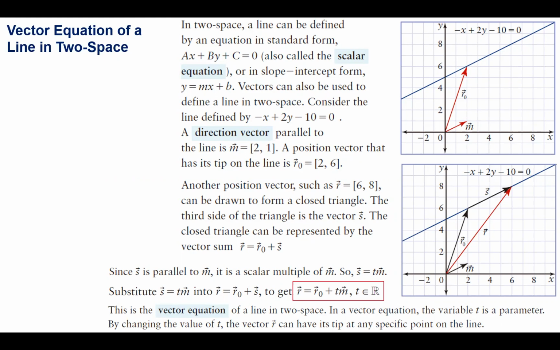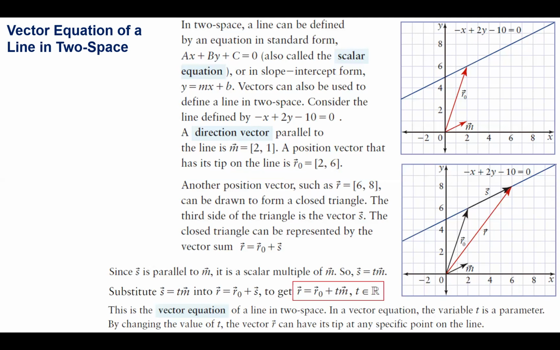So as we have learned vectors in previous chapter, note that vectors can also be used to define a line in 2 space. So let's consider the line defined by negative x plus 2y minus 10 equals 0. A direction vector parallel to this line is m, whose position vector is 2, 1, right?